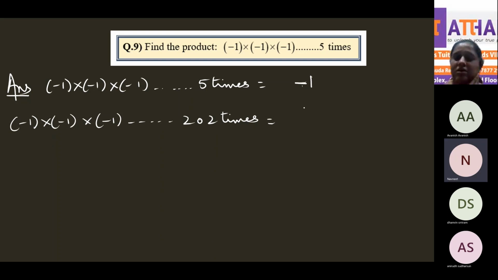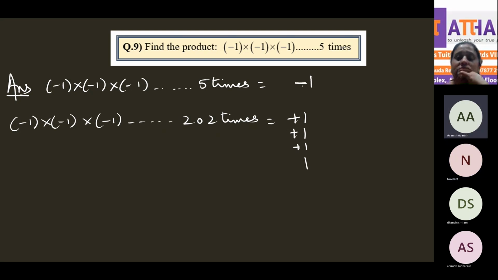Yeah, now one by one. Tanvin, what's the answer? 1. Plus 1 or minus 1? Plus 1. Okay, Anirudh, what is your answer? Ma'am, 1. Navneet, what's your answer? 1. And Avnish? Ma'am, plus 1.